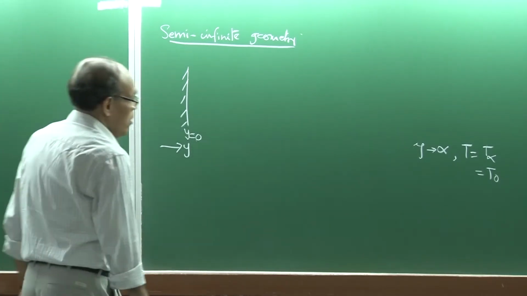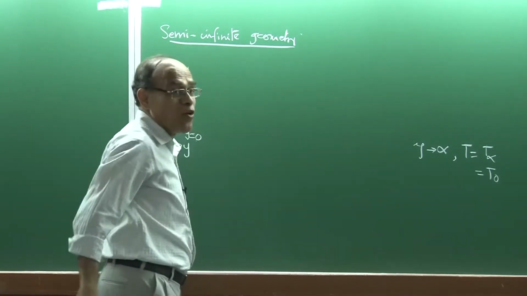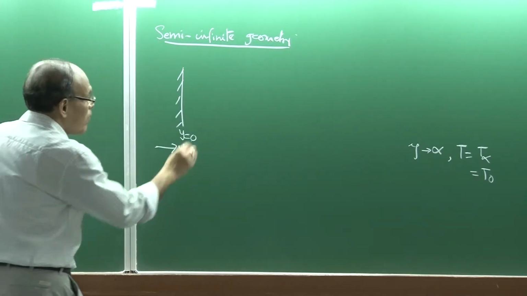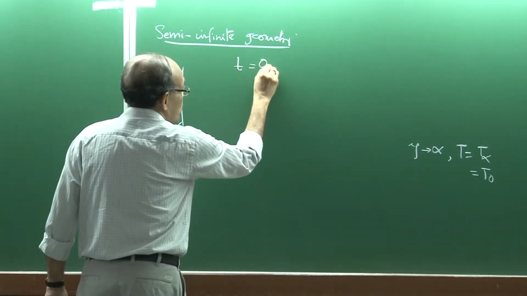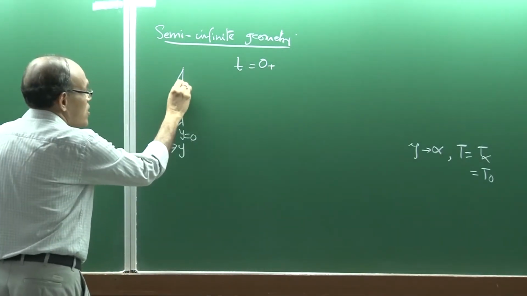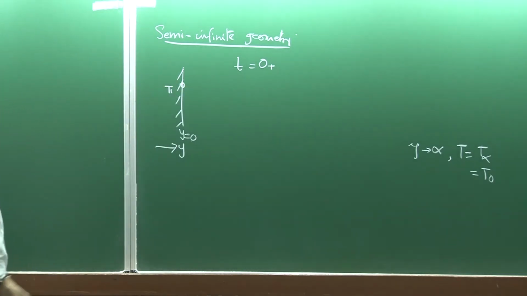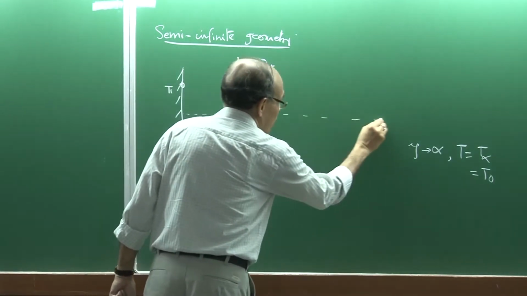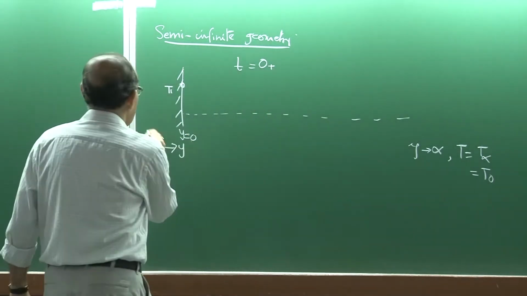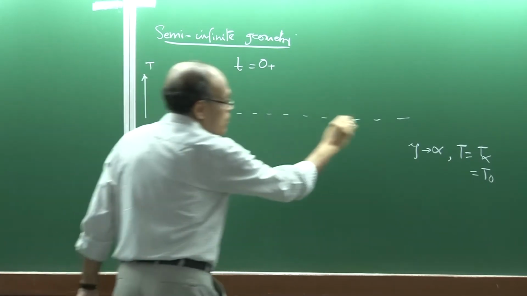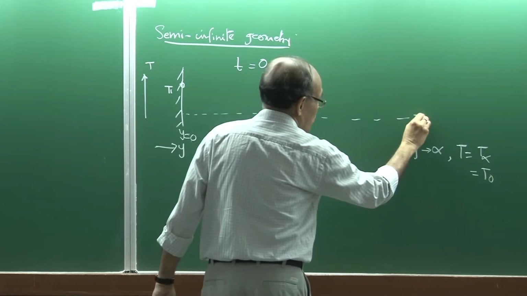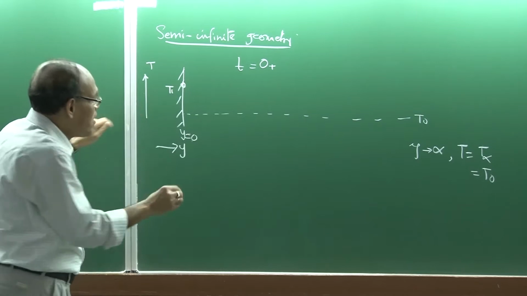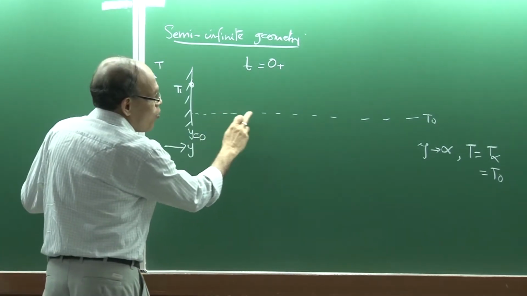So, for all time, the temperature in this semi infinite domain is maintained at T infinity or T 0, and for t greater than 0 we noted that the surface temperature is raised to T 1, and we want to find out how the temperature behaves. We can imagine, even without solving, that if this is the temperature axis and this represents the initial value T 0, then for the first 1 second or half a second, here temperature will be T 0, here temperature will be T 0.